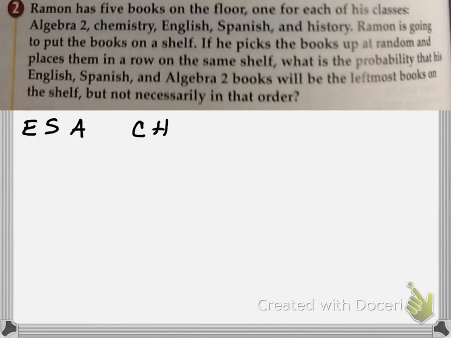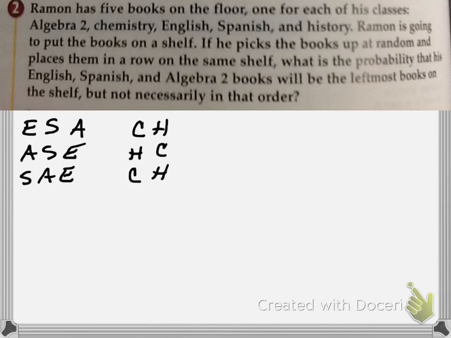the left, and the chemistry and the history books on the right, but he doesn't necessarily want them in that order. So that would be acceptable, or that would be acceptable, or that would be acceptable, and he wants to know how many different ways can he do that.